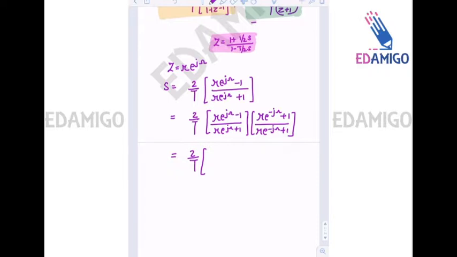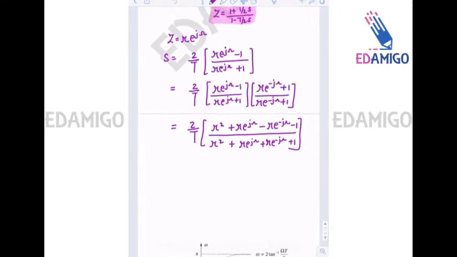Okay, now we will solve this and we'll get R square plus R e to power j sigma minus R e to power minus j sigma minus 1 divided by R square plus R e to power j sigma plus R e to power minus j sigma plus 1. Okay, now we will solve this.